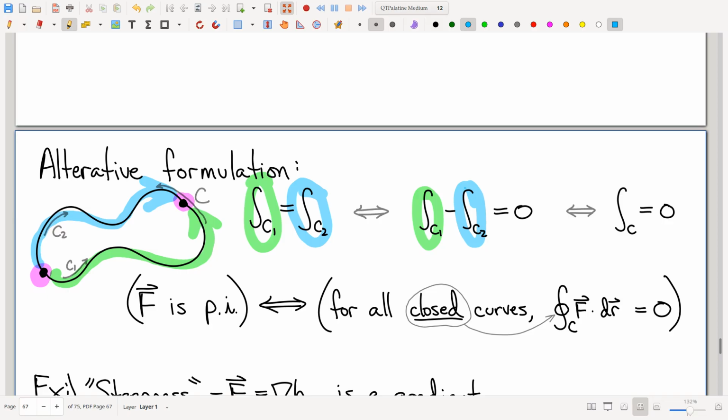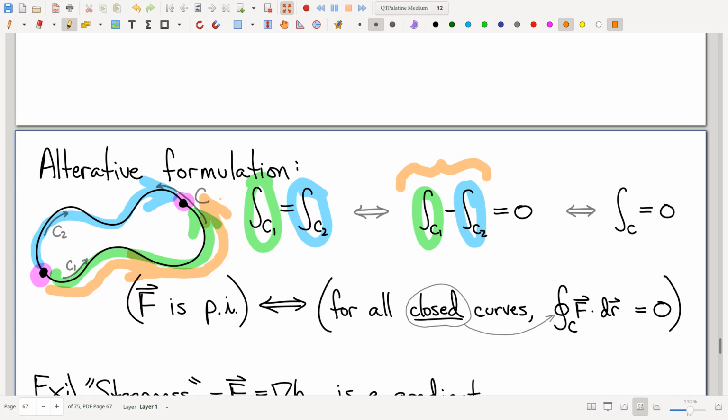Now let me say that a little bit differently. I'm going to think of this as moving along a single path. I start off on C1. Now note the positive sign here, so I'm going along C1 in the direction that C1 goes. And then C2, well, no, wait a minute, with a minus sign.